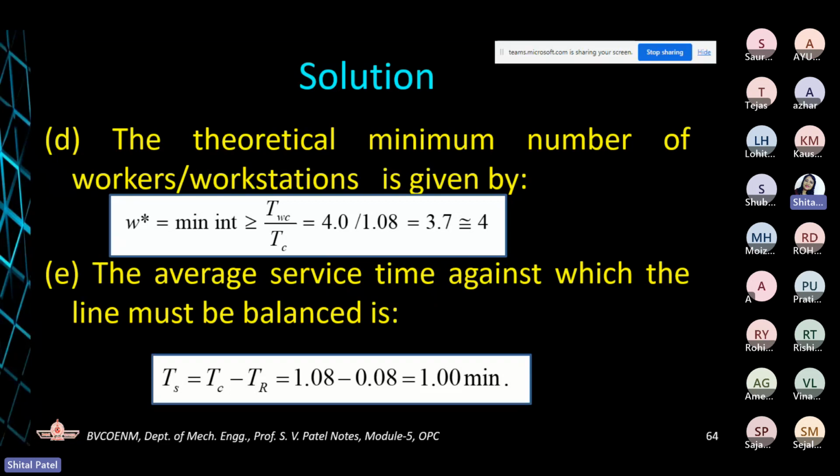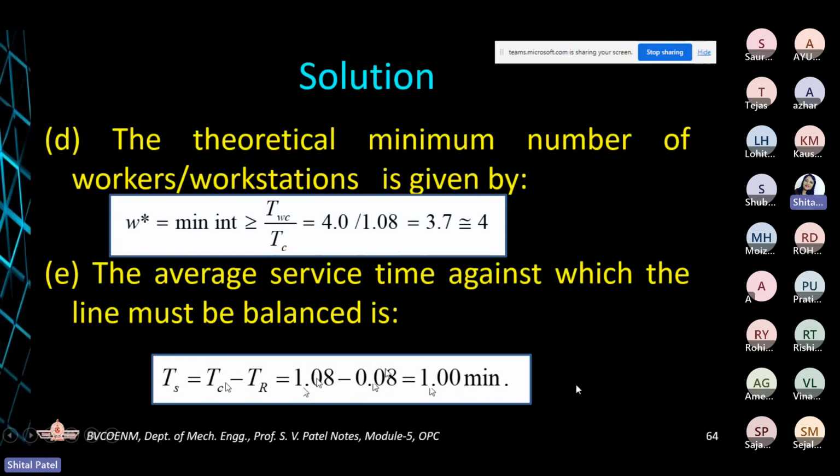There it is mentioned that 0.08 minutes are required to proceed to the fresh slot of the product, that is, for the new unit of product. So here we are going to deduct it from the cycle time. Then we'll be getting 1.08 minus 0.08. So your actual cycle time will be 1.00 minutes over here.